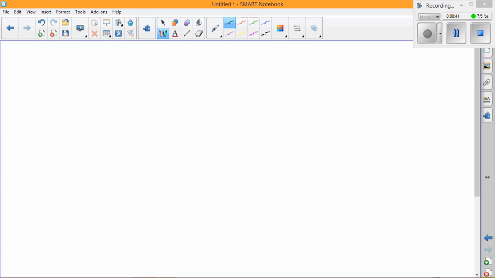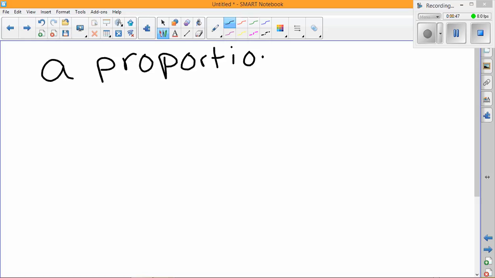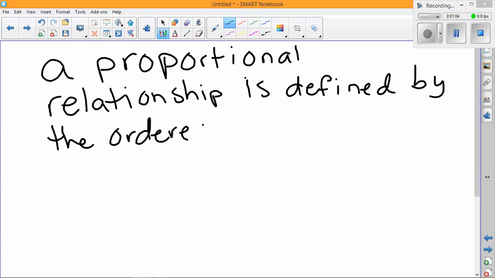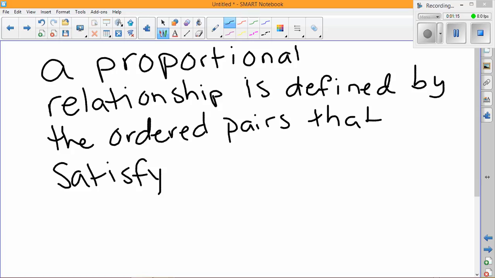So a proportional relationship is defined by the ordered pairs that satisfies y equals k times x.